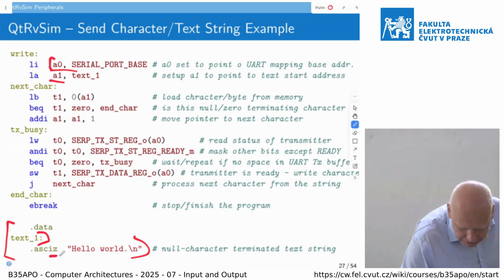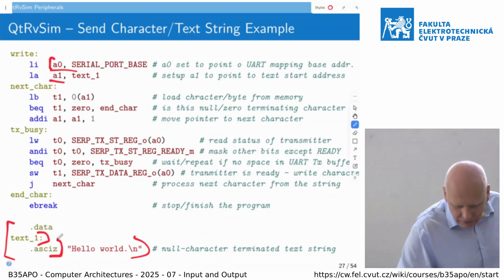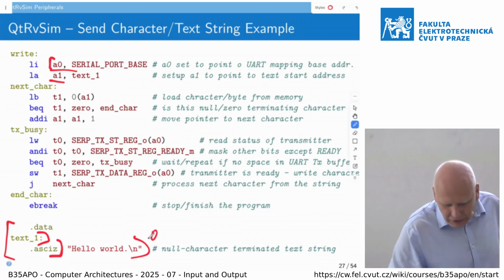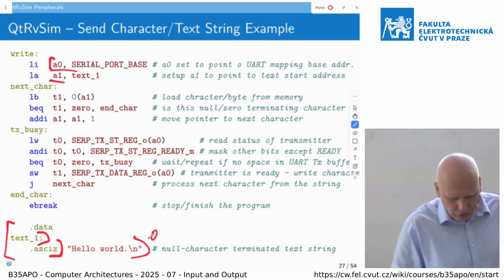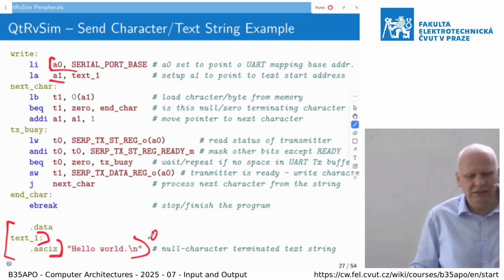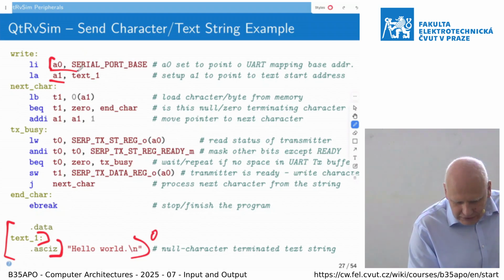Because it is not .ascii but .asciz, the terminating 0 character is added after the string. So it is null-terminated, same as in C. Okay, so we have done all the necessary setup.